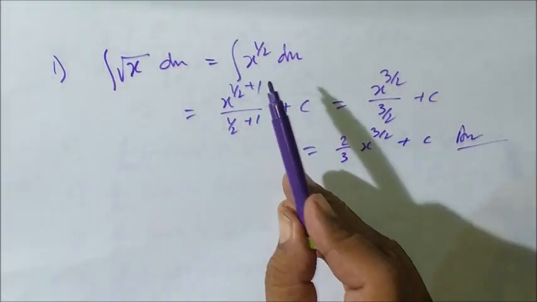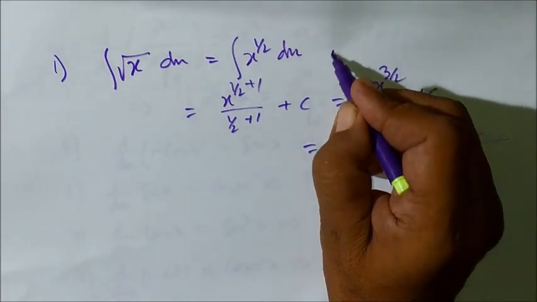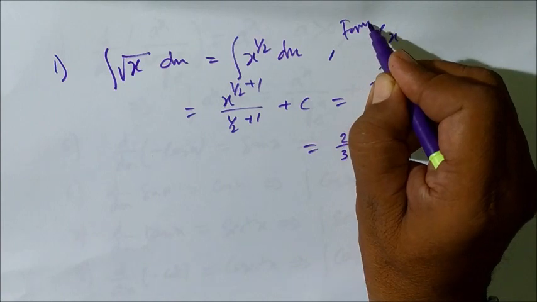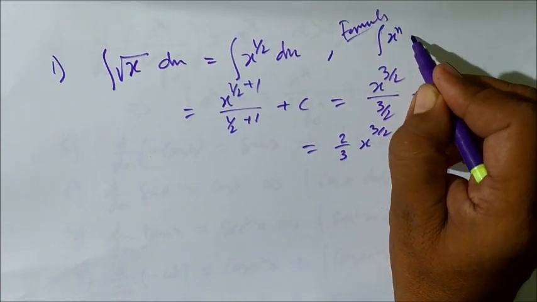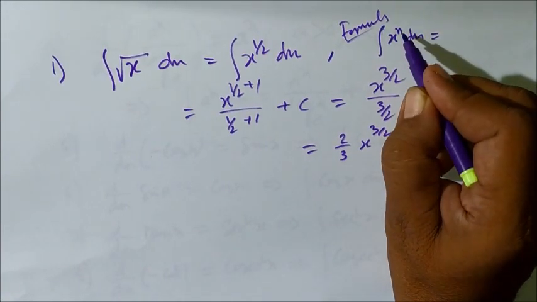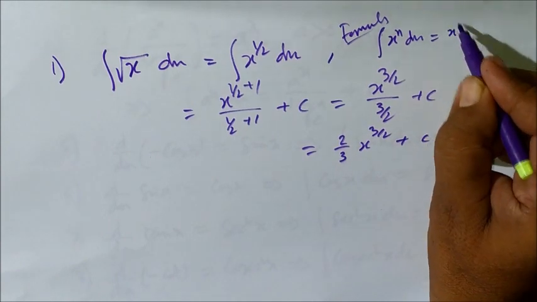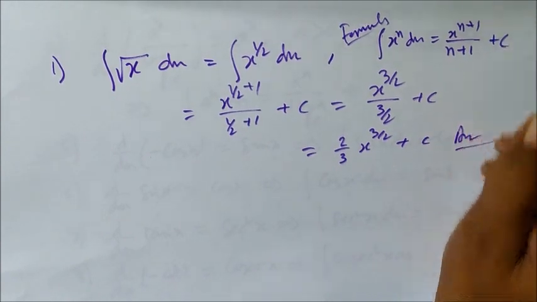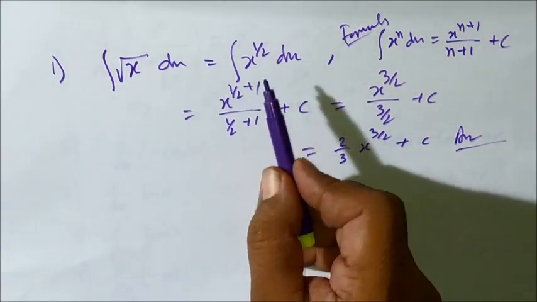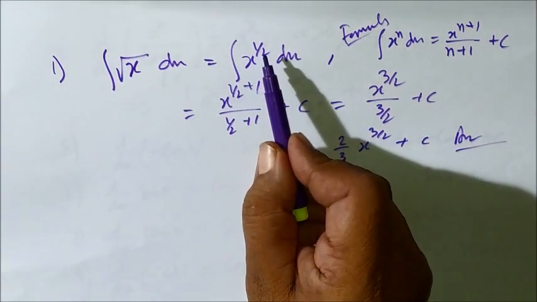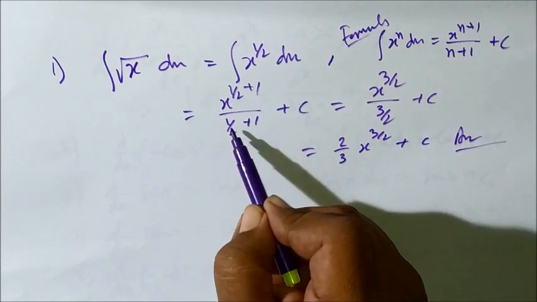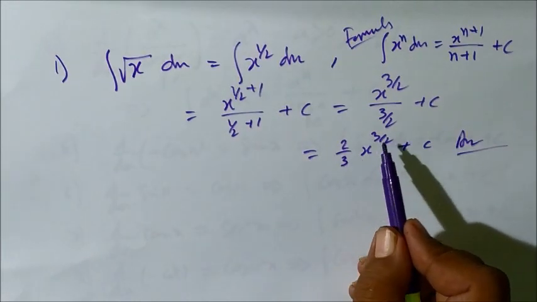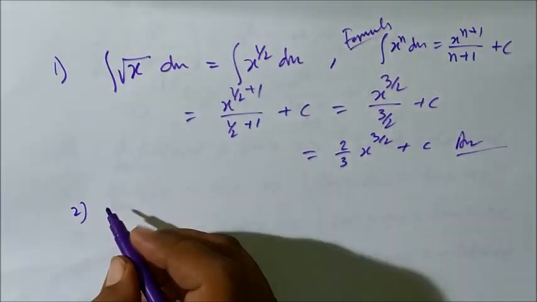Here using the first formula, integral of x to the power n dx, n is not equal to minus 1, gives x to the power n plus 1 divided by n plus 1 plus c. So half is not equal to minus 1, and this becomes 2 by 3 x to the power 3 by 2 plus c. Answer.